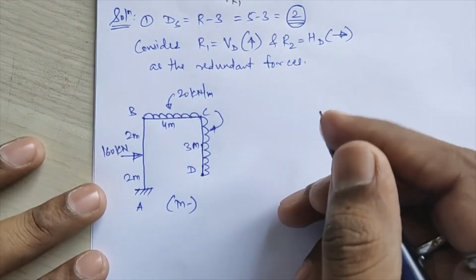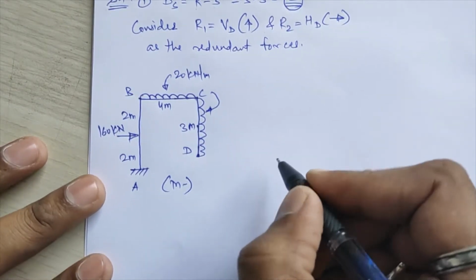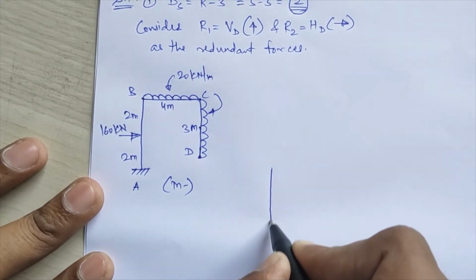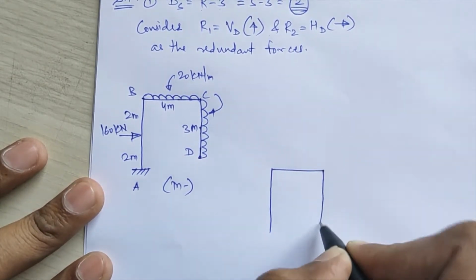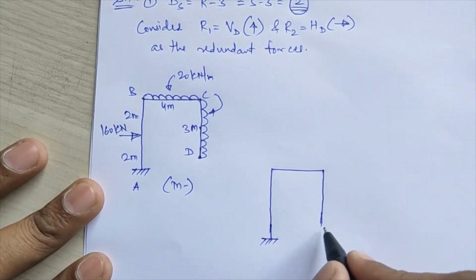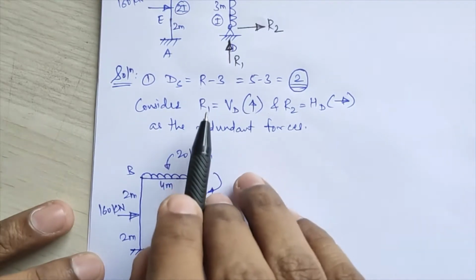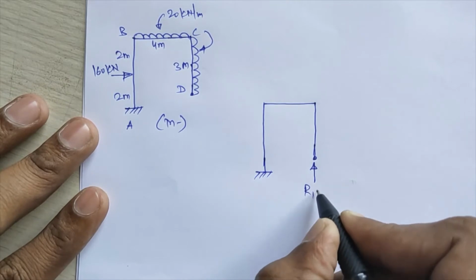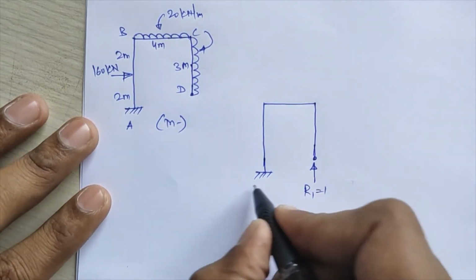Now I'll draw the small m1 diagram. In the small m1 diagram, we remove the applied loads given to you and we just apply a unit positive load for the first coordinate. The first coordinate we have assumed is for the vertical reaction. So here that vertical reaction R1 will be equal to positive 1.